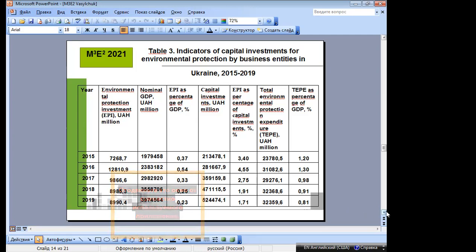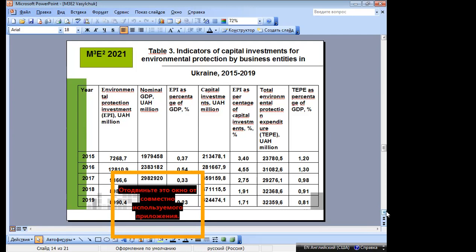In Europe, the share of environmental protection investment in total investments of corporations was also relatively low in this period and amounted to 1.7% only in 2019, which is nevertheless more than in Ukraine.